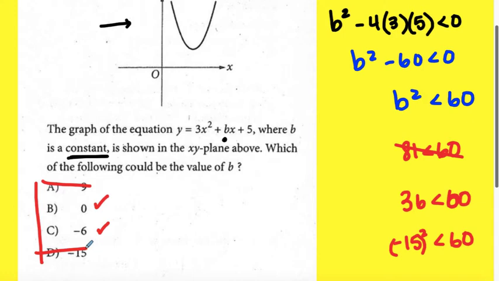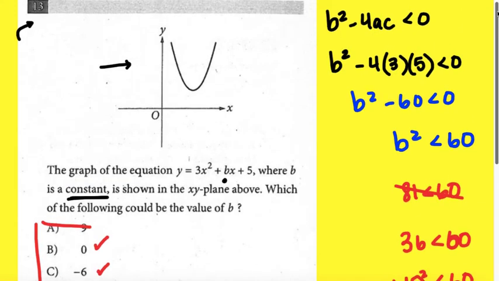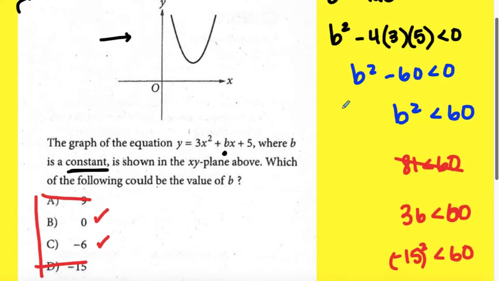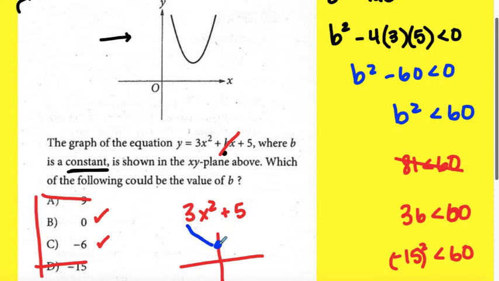Now I have to look a little deeper. Again, it's question number 13, so it might not be as easy as you think. If b is 0, then that term goes away and I get 3x squared plus 5. If I graph that, it's just the basic graph moved up a little bit on the y-axis. Remember, if I let x be 0, I get a y of 5. So my graph's actually going to look like this.